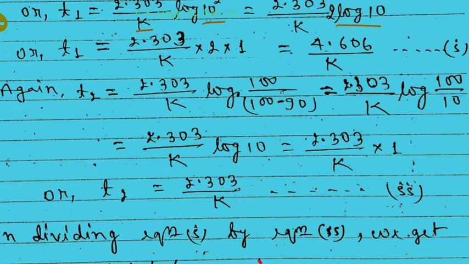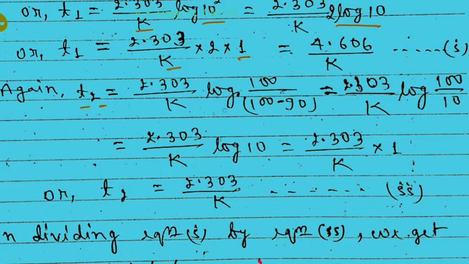Because log A to the power B is equal to B log A. So t1 is equal to 2.303 by k into 2 into 1, because the value of log 10 is 1. It is equal to 4.606 by k.